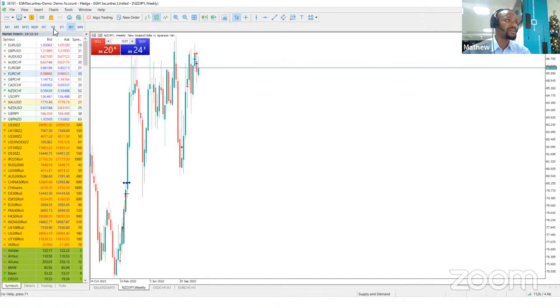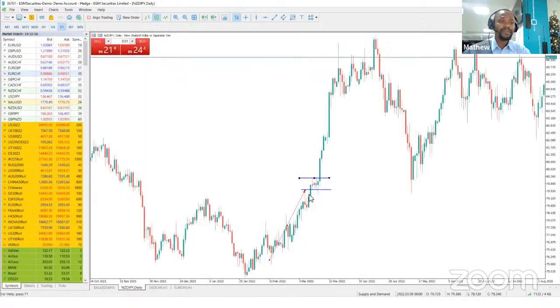On daily, this is some sort of a base, and after that we had another rally to the upside. If you keep looking at that concept, you realize there was a base at the top, and then we already got a supply zone. But based on this concept here, we have a rally, base, rally.